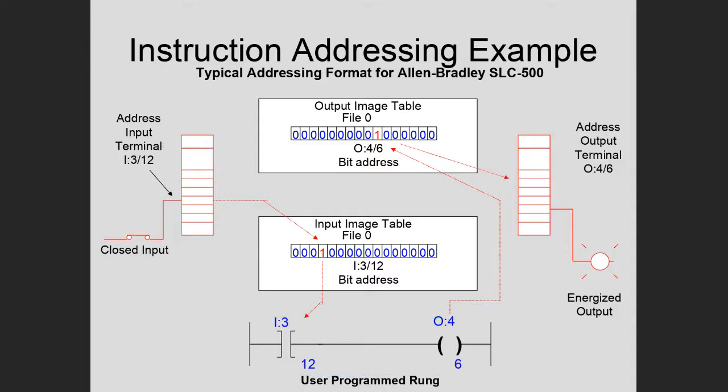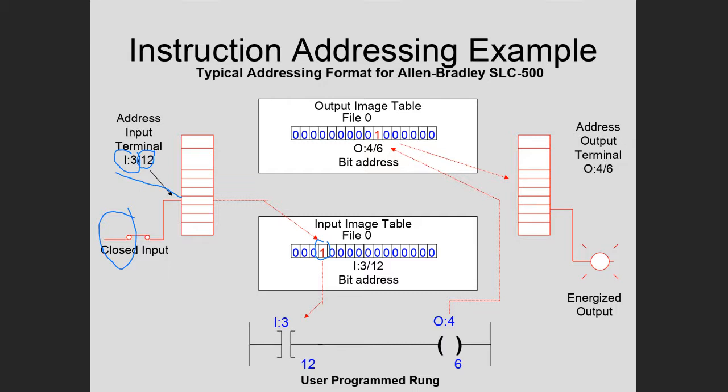You'll notice over here I have this switch connected to this screw terminal, and this is input module number 3. That's the address of the input module, and this is screw terminal number 12. So in the table, you've mapped this switch to that 12th cell. Actually the 13th, because you start counting at 0, but this is cell number 12 right here.